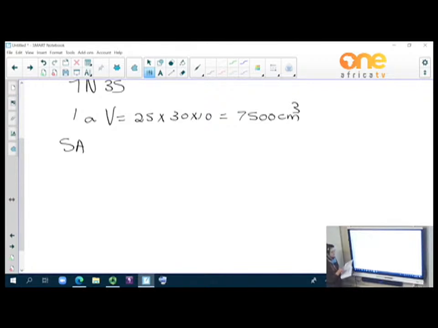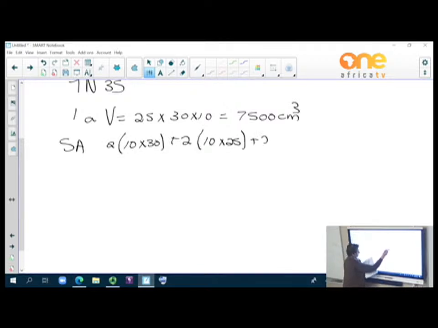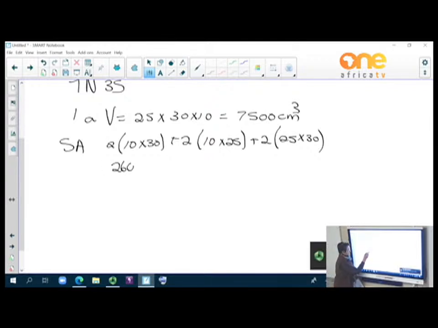You've got 6 sides, which means that it will be 2 times 10 by 30, plus 2 times 10 by 25, plus 2 times 25 times 30. And what is that, Rein? 2,600 square centimeters. Right, number B.